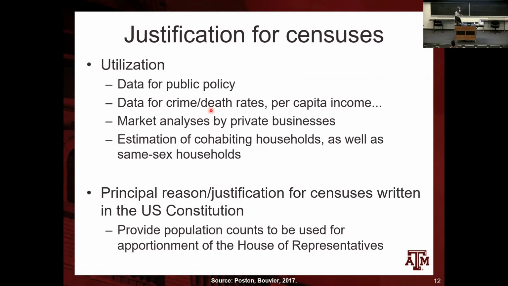But formally, in the US, the principal reason, the justification for why the census is implemented, is actually written in the US Constitution. It is to provide population counts to be used for apportionment of the House of Representatives.